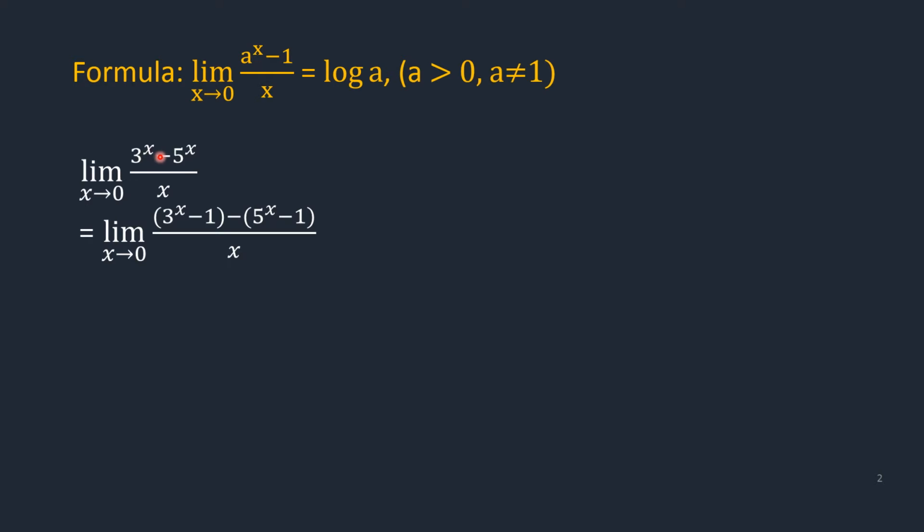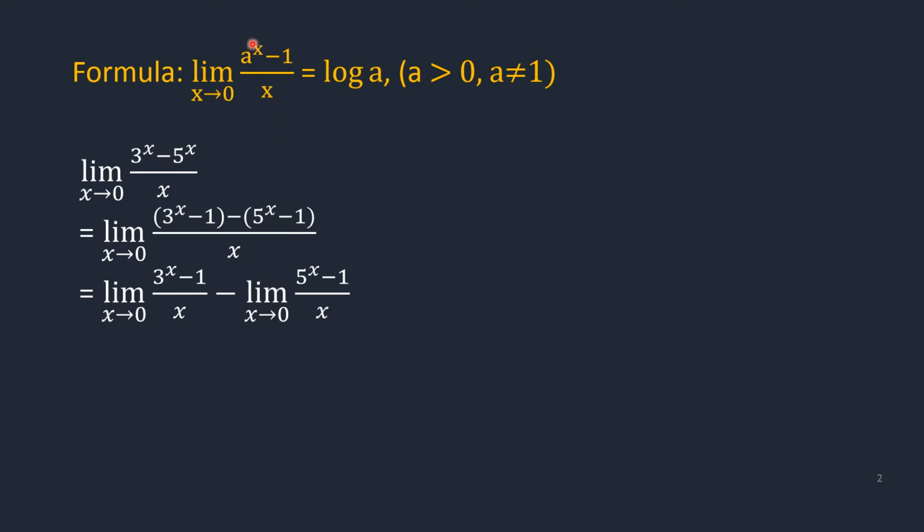In the next step, we will divide each of these terms by x and write two separate limits. See, first limit is 3 to the power x minus 1 over x and second 5 to the power x minus 1 over x as x approaches 0.